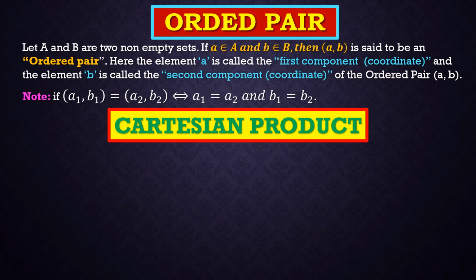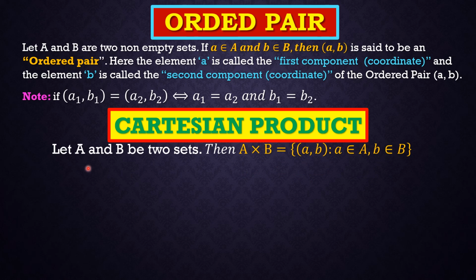Next definition is Cartesian product. Let us see the definition of this one. Let A and B be two sets. Then we write A cross B, read as A cross B, the Cartesian product of the sets A and B. That equals the set of ordered pairs (a, b) such that a can be taken in the set capital A and b can be taken in the set capital B. Then we write in curved brackets the elements a and b separated with a comma.